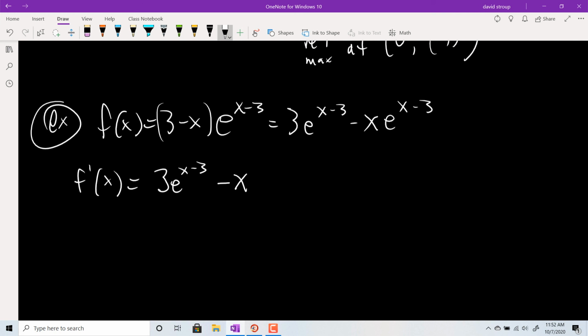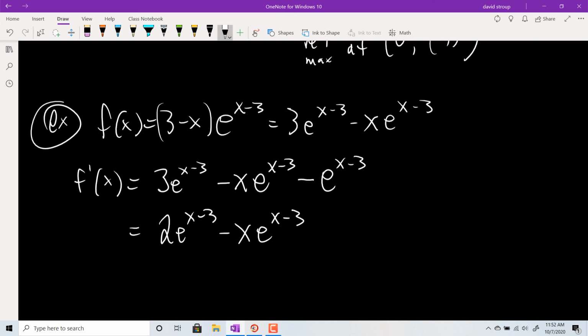Minus, leave the x alone, the e to the x minus 3 times the derivative of x minus 3, which is just 1. And then minus, the derivative of x is just 1 times e to the x minus 3. So combining like terms, I'll have 2e to the x minus 3 minus x e to the x minus 3.